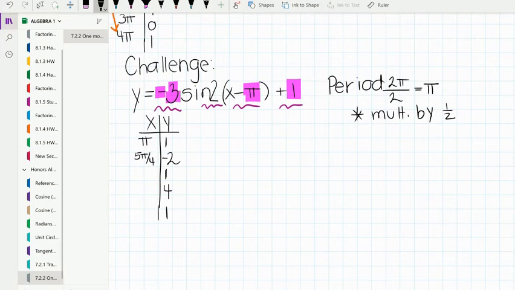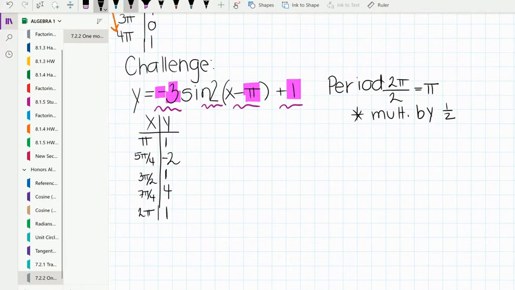We multiply pi by 1/2, and we get pi over 2, plus pi would be 3 pi over 2. And then next we have 3 pi over 2, multiplied by 1/2 would be 3 pi over 4, plus pi would be 7 pi over 4. And lastly, we have 2 pi multiplied by 1/2 would be pi, plus pi would be 2 pi.